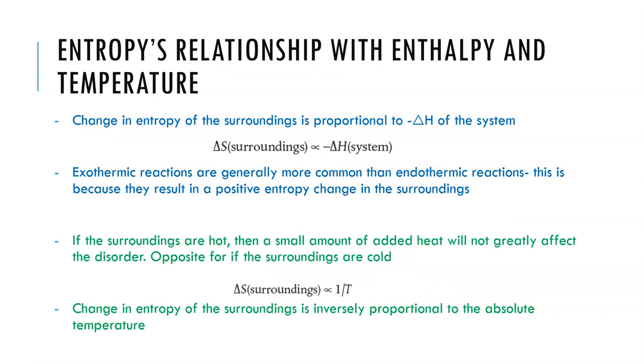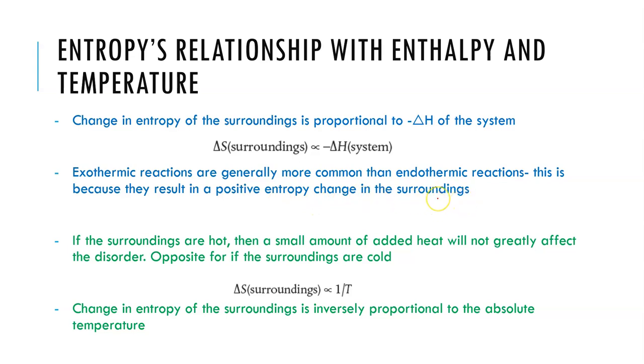So a change in entropy of the surroundings is always proportional to the delta H, or negative delta H, of the system. So we can say that the delta S of the surroundings is proportional to negative delta H. Exothermic reactions are generally more common than endothermic, and this is because they result in a positive entropy change in the surroundings.